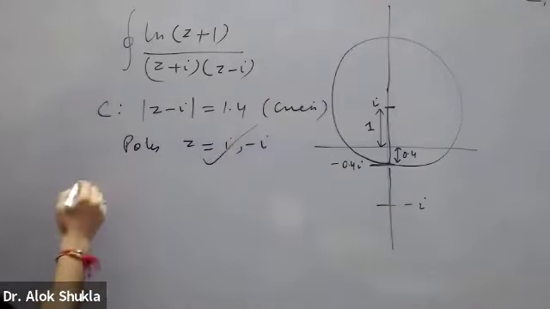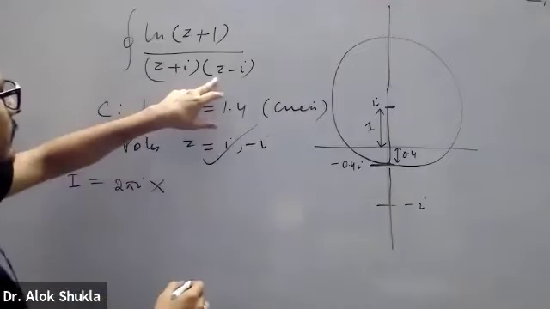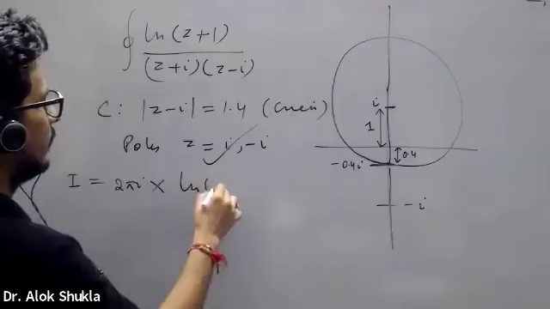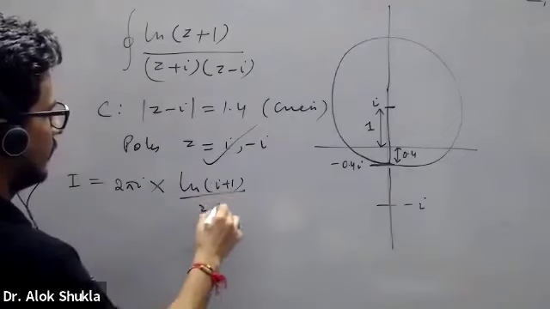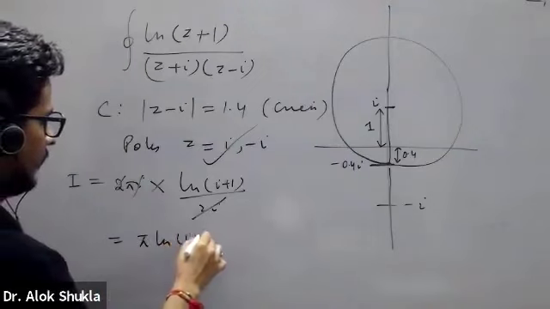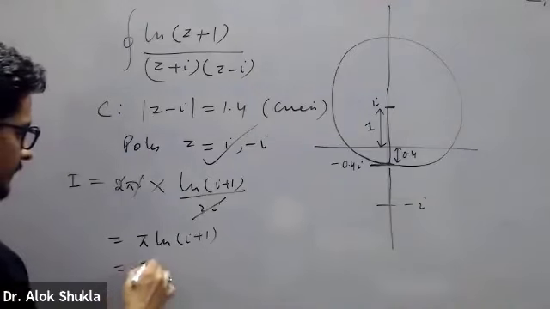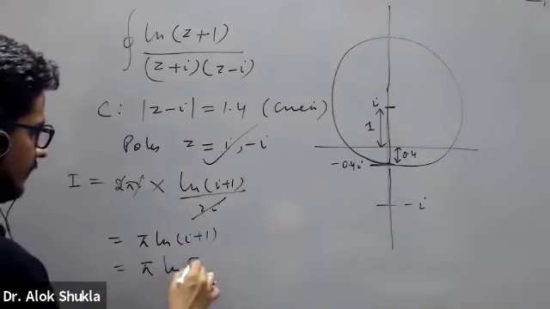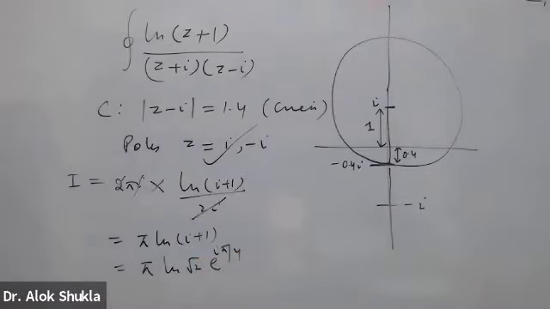So let me write the integration. It will be 2 pi i into residue. So z minus iota will be cancelled. So it will become ln of iota plus 1, because z is equal to iota, we have to put, over 2 iota. So this will be cancelled. So it will become pi ln of iota plus 1, I mean 1 plus iota. So that will be written as pi ln of under root 2 into e to the power i pi by 4, if you remember. 1 plus iota can be written like this.